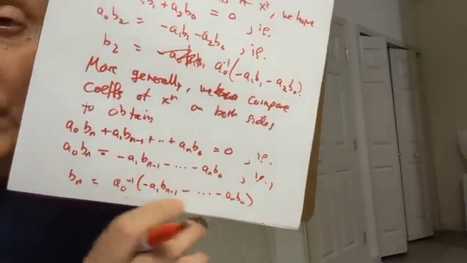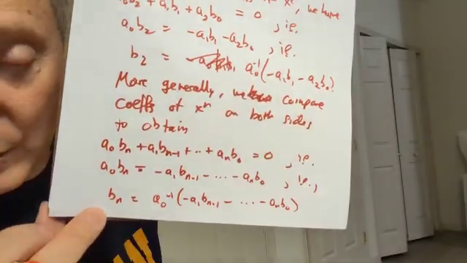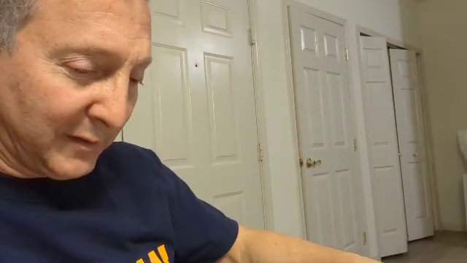All of these have been solved already. So for every n, we're going to be able to solve for that coefficient in the B series, bn. So since we can do that, then we have a recursive procedure to find all of the coefficients b0, b1, b2, etc. All the coefficients of the B series.